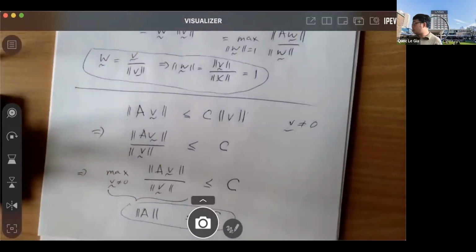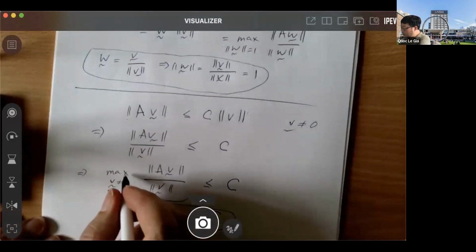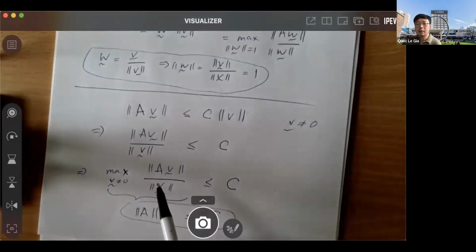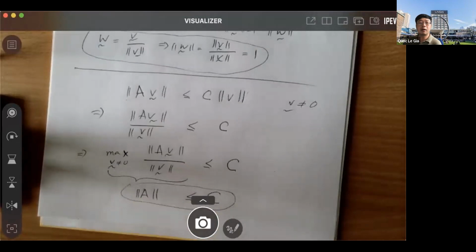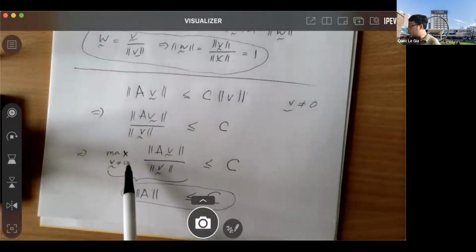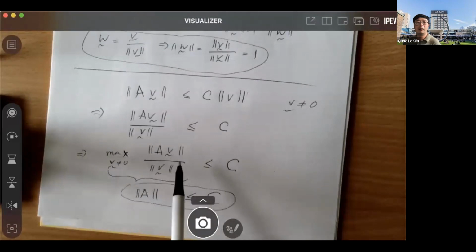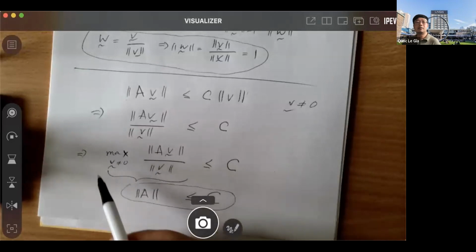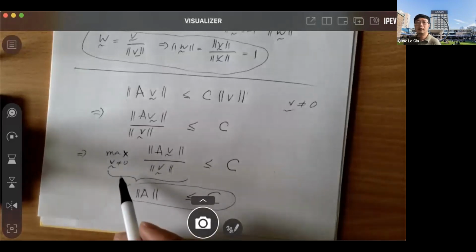Max means you take the maximal value of this quantity over all the non-zero vectors V. V can be any vector, and this quantity is a real number that changes depending on the vector V. You don't take the maximal single entry. You take the maximum over the set of all non-zero vectors V.